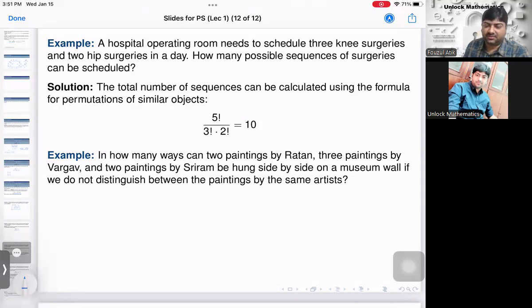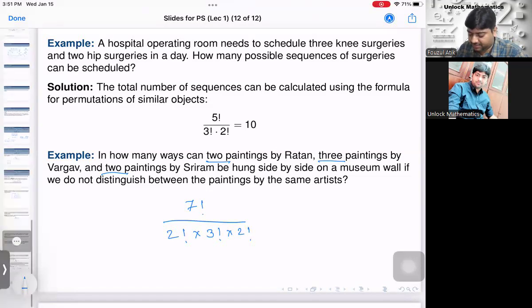So what should be the answer? 2 paintings by Ratan, 3 paintings by Vargav, and 2 paintings by Sriram. So 2 plus 3 plus 2 is 7. So 7 factorial divided by 2 factorial into 3 factorial into 2 factorial. So this many different ways you can do it.